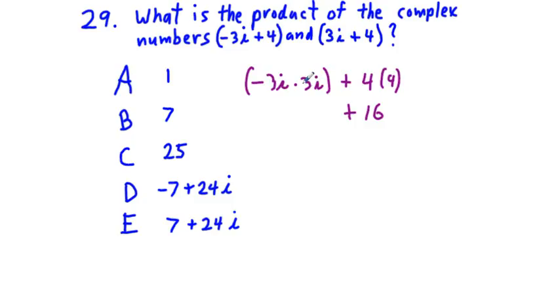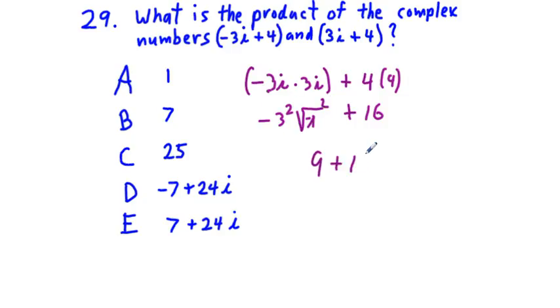Well, this negative 3i times 3i is going to be negative, and we know that i squared is negative 1, so we have 3 squared, and we have negative 1 squared.